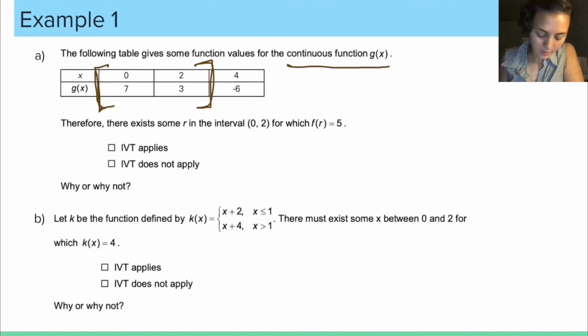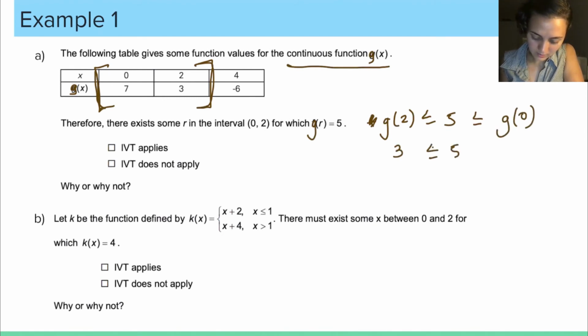So I know that f of, or I don't know why they switched. This is function g. They called it g right here, and they called it g there. So this is g. So I know that g of 2, which is 3, is less than or equal to 5, which is less than or equal to g of 0. So 3 is less than or equal to 5 is less than or equal to 7. That is true. So the intermediate value theorem applies because it's a continuous function. This has to say continuous.